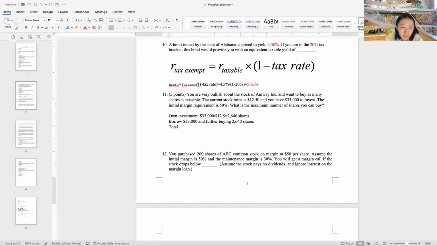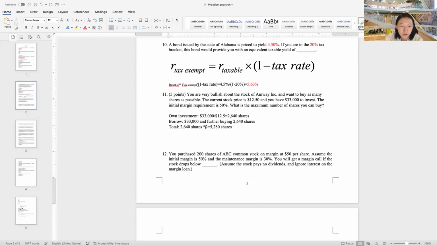So the total equals 2,640 times 2, which is 5,280. All right, that's my way of calculating it.